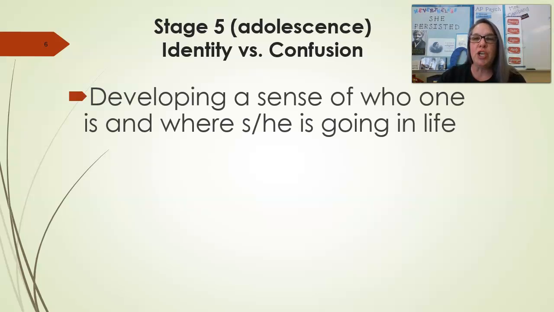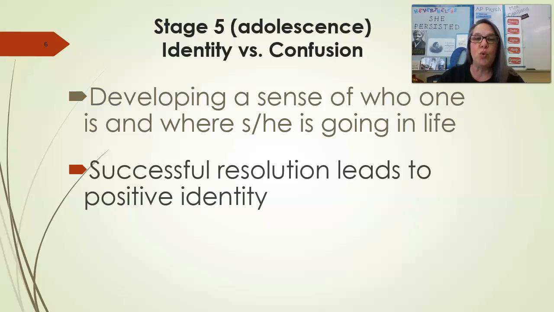So while you are an adolescent, you are developing who you are, who you want to be, and what you want to do later on in life. If you successfully discover who you are, what's important to you, what you want to do with the rest of your life, then it leads to a positive identity. You're happy with who you are.